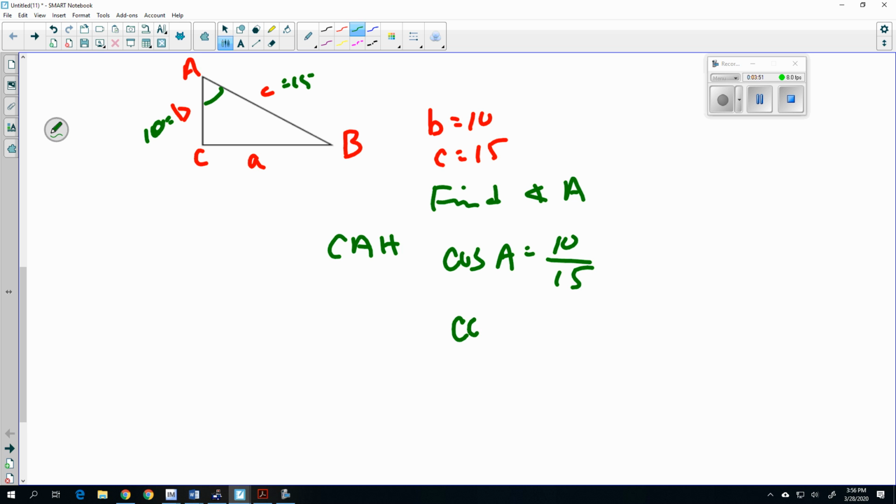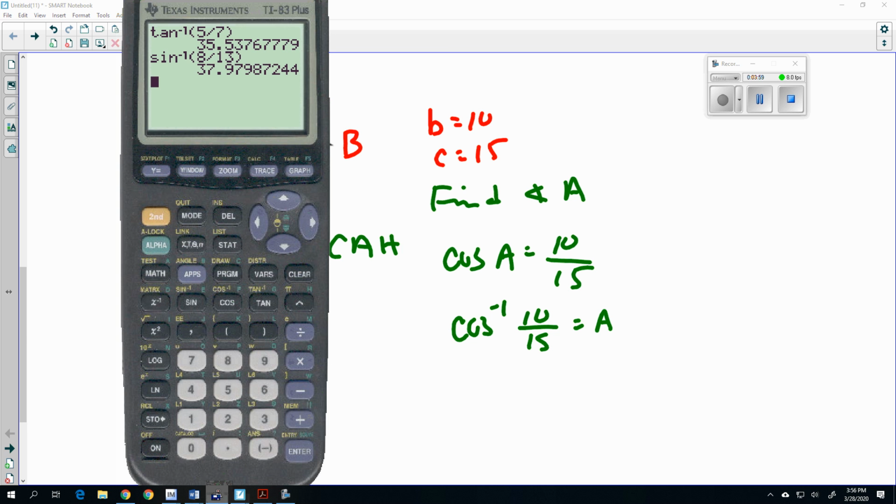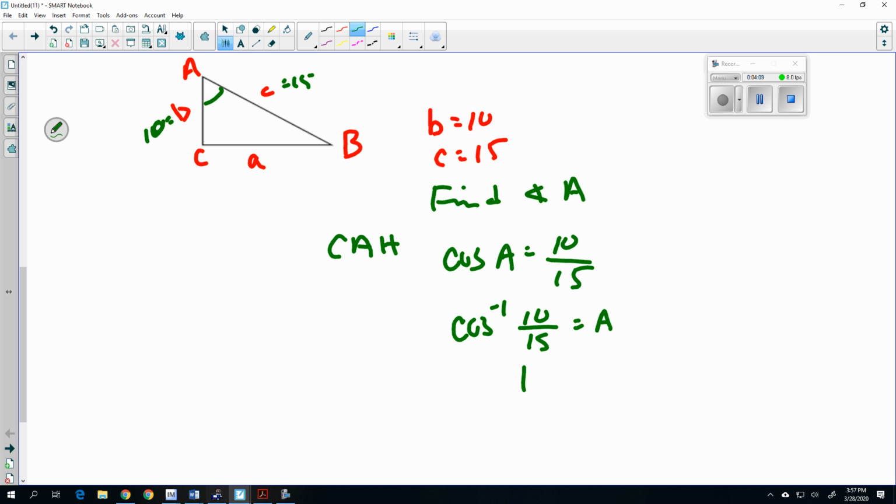So once again, I'm going to use my calculator and do the opposite of what I was doing before, called the inverse. And that comes from picking this yellow cosine of 10 divided by 15. And the angle measure is 48.11897 if I round it.